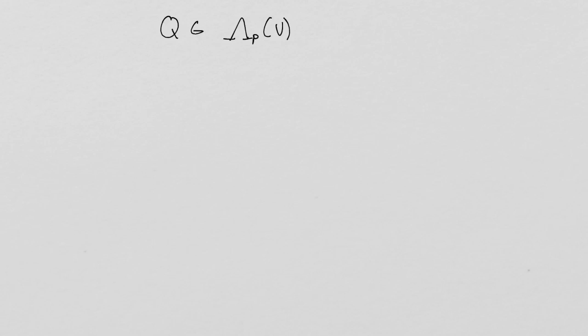Now I'm talking about p vectors just because we haven't used them before, but this is the same logic as it would be for p forms. p forms are different objects, but understand that the math is going to be the same. So if Q is an element of the pth exterior power, I can write Q down.